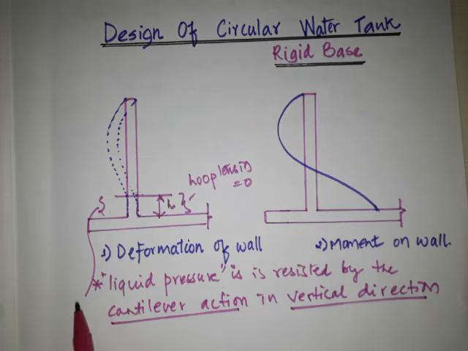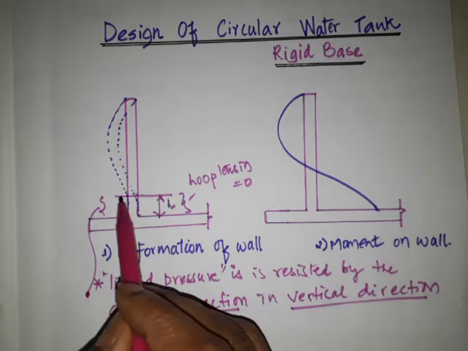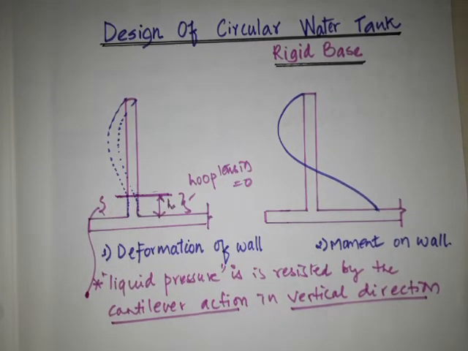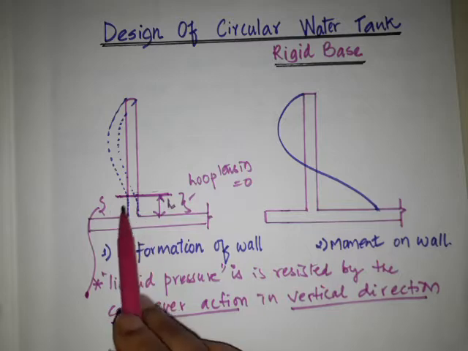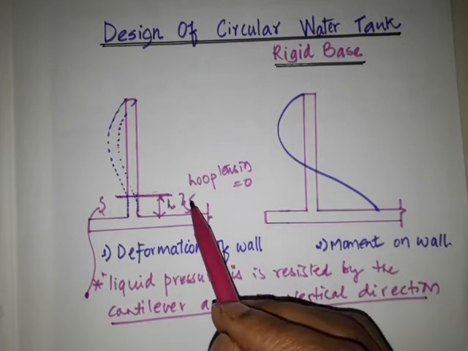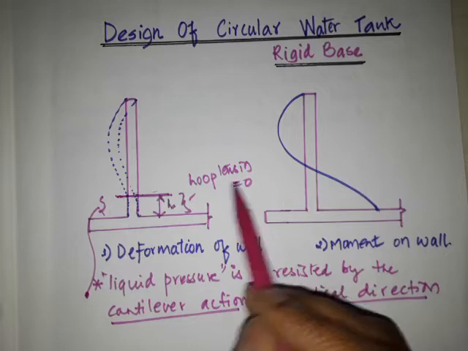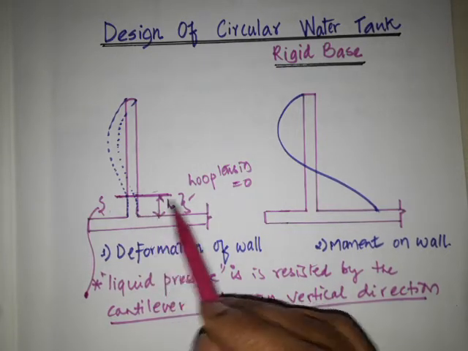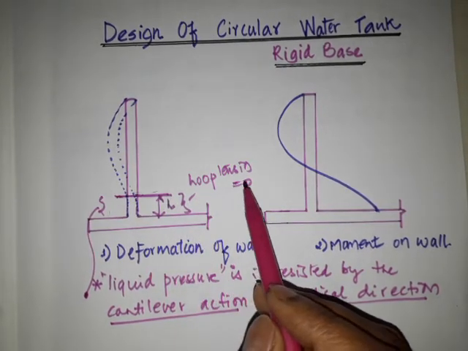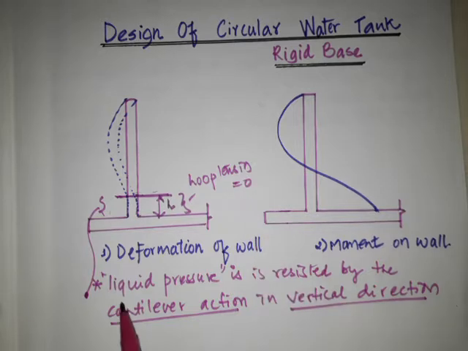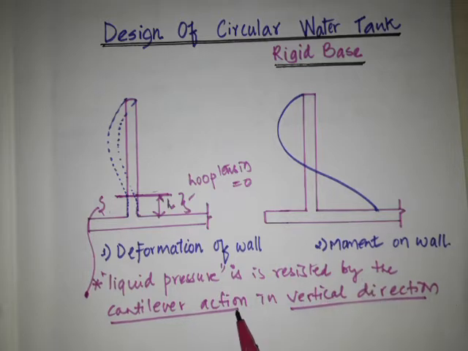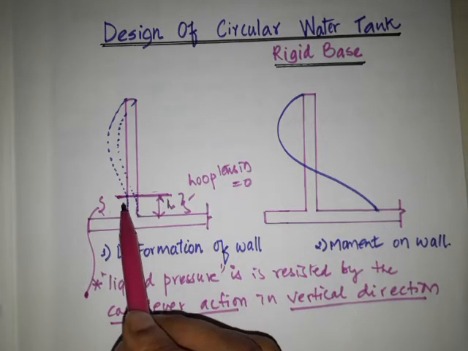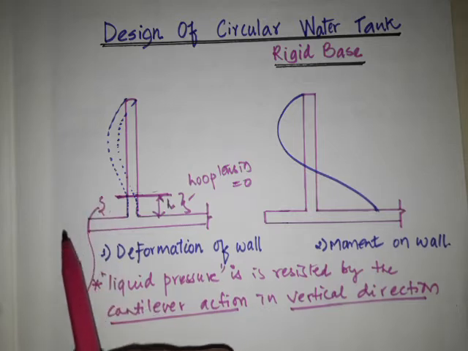In this zone, where there is no deformation because of the fixity at the junction, there is no hoop tension, so at this level the hoop tension will be 0. But the liquid pressure is still resisted by the cantilever action, which means this portion of the wall will behave as a cantilever.